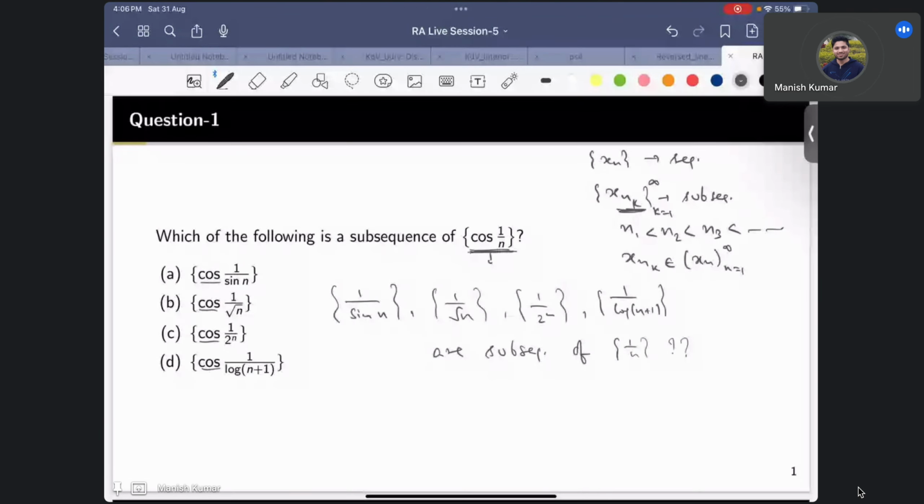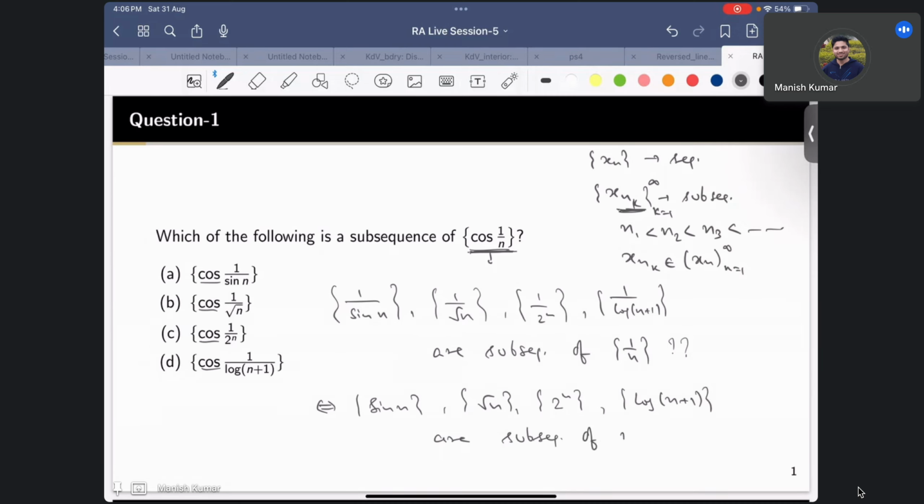So you just forget about cos, there is nothing special about cos. Equivalently, you can say sin n, root n, 2 raised to the power n, and log n plus 1 is a or are subsequence of n. So this is another equivalent thing.